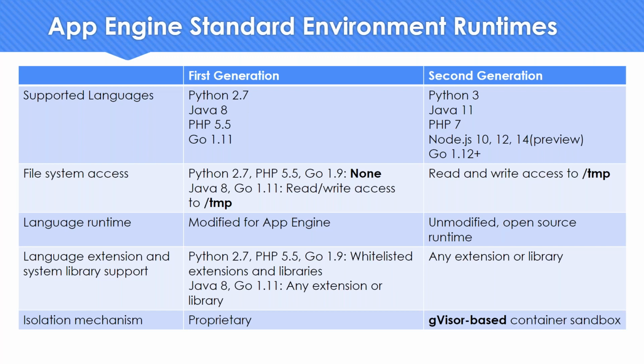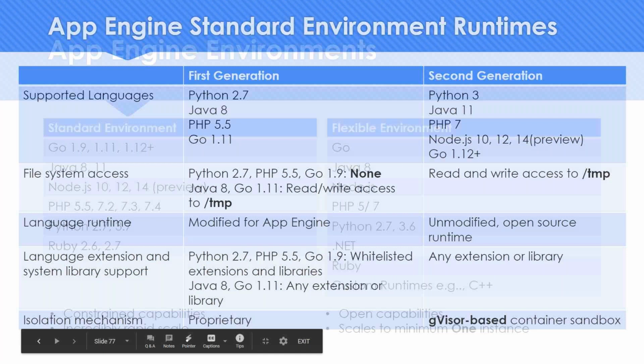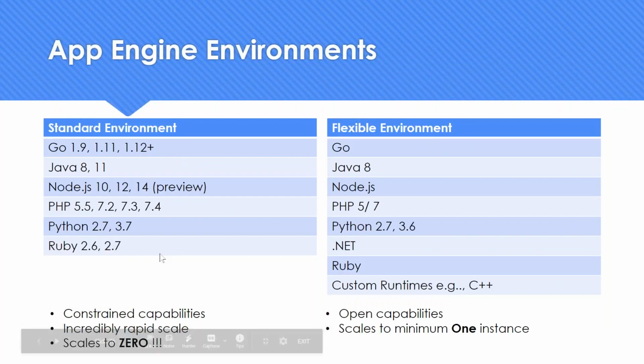App Engine Standard, we saw, can scale down to 0, and it's more like a sandbox environment. App Engine Flexible is a managed VM which can only scale down to 1. I'll show you that scale down to 0 and 1 in today's class through a demo itself.